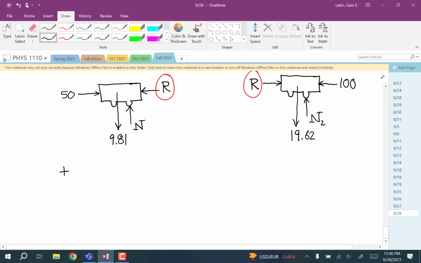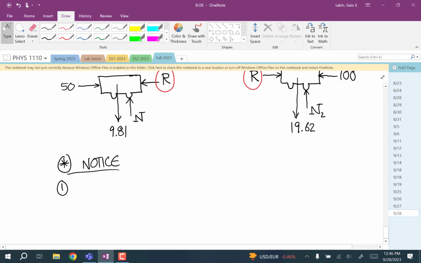Okay, so two things that I want you to remember. Notice, the first one is what I said about the variable names.